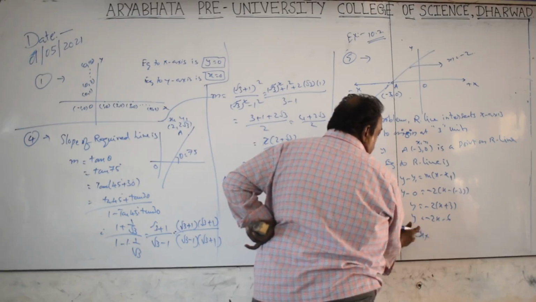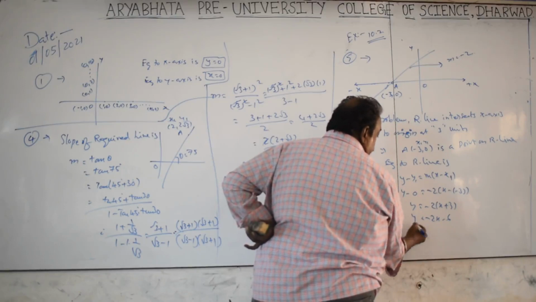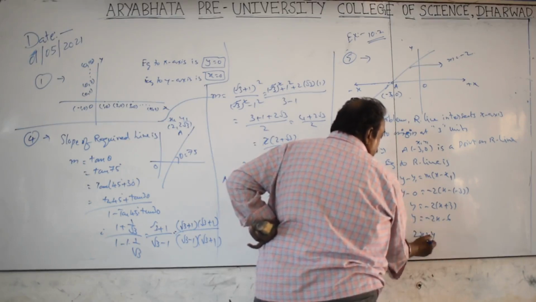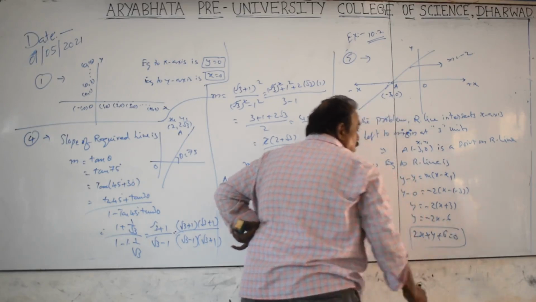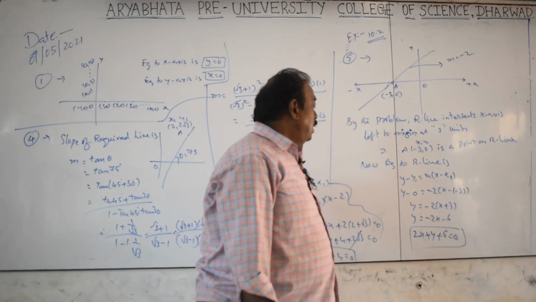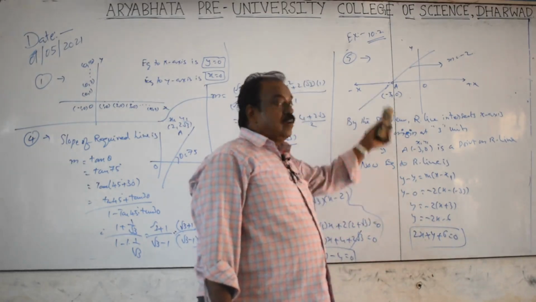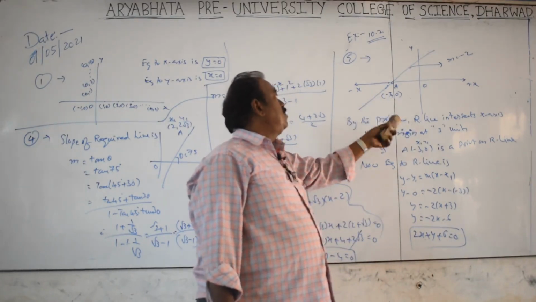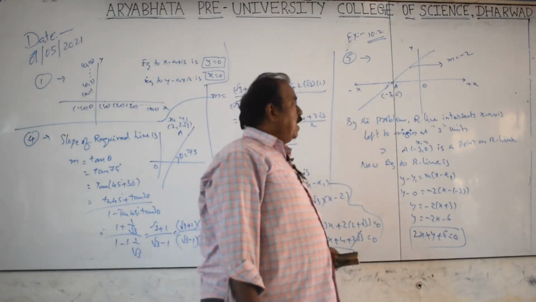So 2x comes to this side: 2x plus y plus 6 is equal to 0. This is the equation of the required line that intersects the x-axis at a distance of 3 units from the left side of the horizon and has slope minus 2.